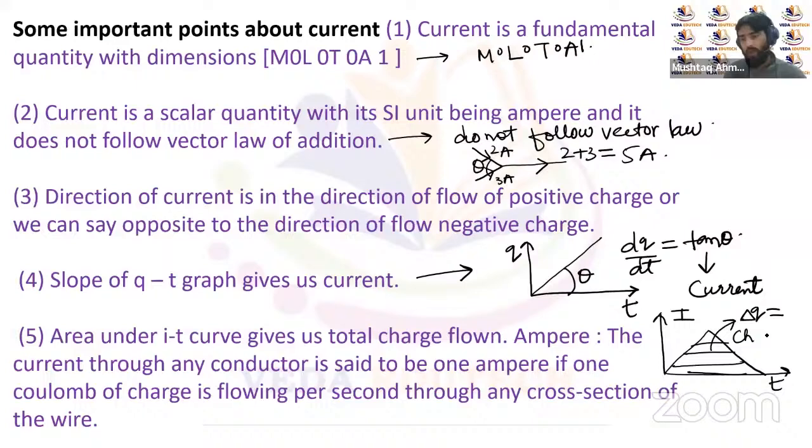So area under the current time graph gives us the charge flow. There are three important points basically. One important point is that current is a scalar quantity. Another point is that the slope of charge time graph gives the current. The third important point is that the area under the current time graph gives us the charge.